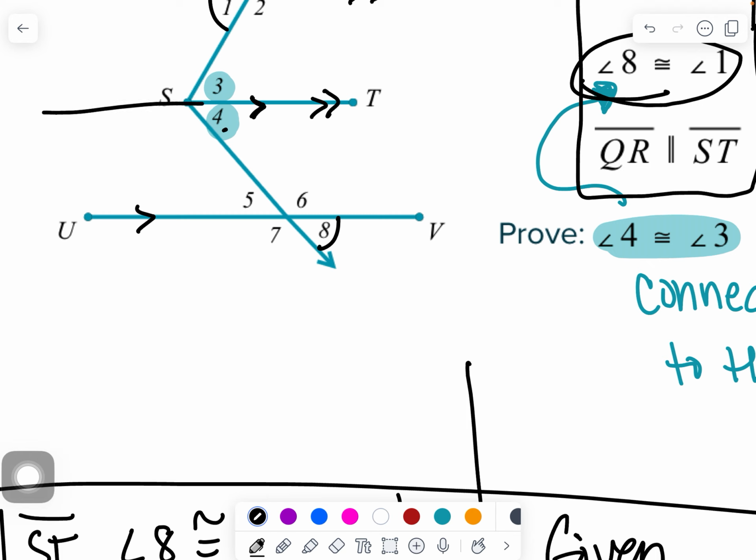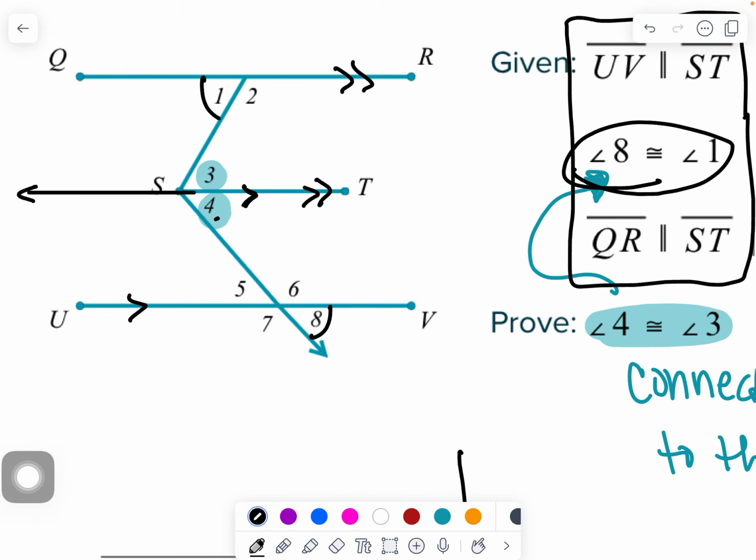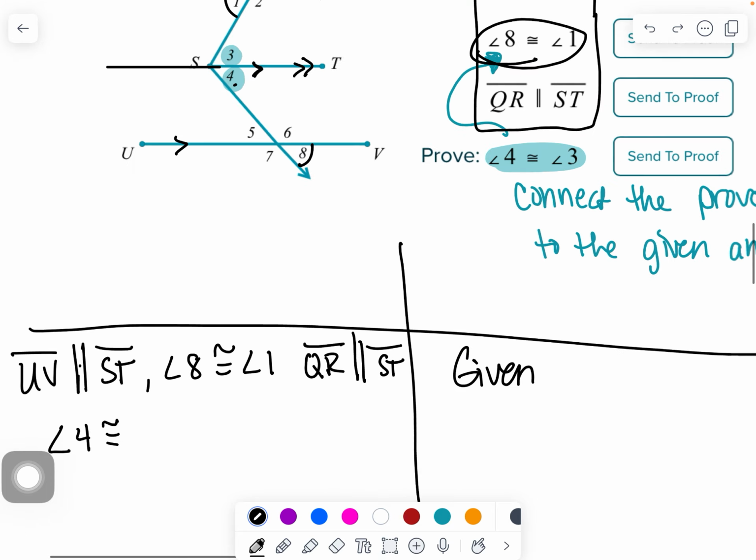I'm going to extend T out a little bit here. There we go. Angle 4 is down on this side. Let's see, he is with 8. He's a corresponding angle. Okay, so that could work for me. With 1, he's nothing. He's not an angle relationship that I can exploit. So 4 and 8, that's what we're going to go with.